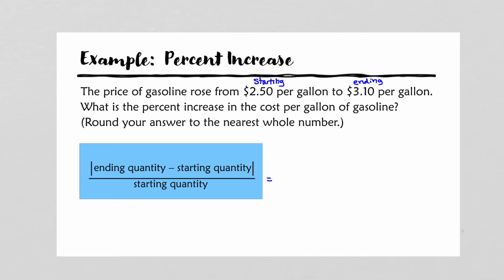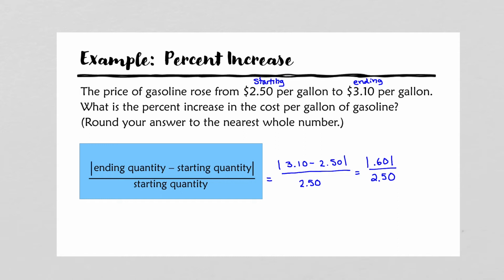We take the absolute value of the ending quantity, which is $3.10, minus the starting quantity, which is $2.50. We then divide that by our starting quantity, which is $2.50. If you like, in the numerator, we have $3.10 minus $2.50, and that's just a difference of 60 cents. In the denominator, we still have $2.50.